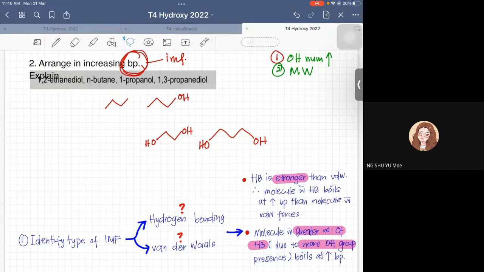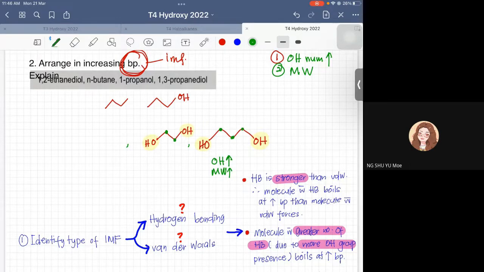Okay, kenapa? Tapi kenapa struktur yang keempat, propanediol tu lebih tinggi? Ini disebabkan oleh dia punya bilangan karbon. Molecular weight. Ini 2 karbon. Ini 3 karbon. So, OH group yang paling tinggi dan molecular weight yang paling tinggi. So, paling tinggi boiling point.